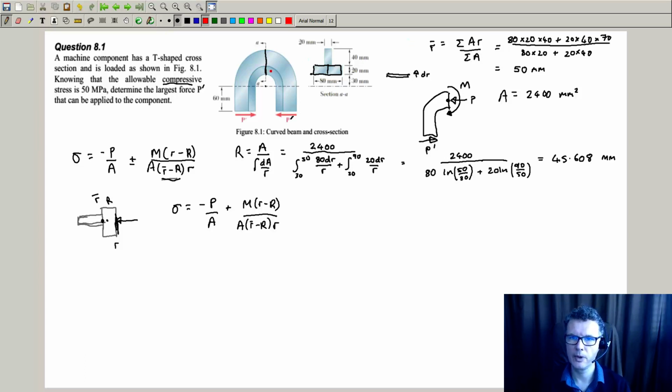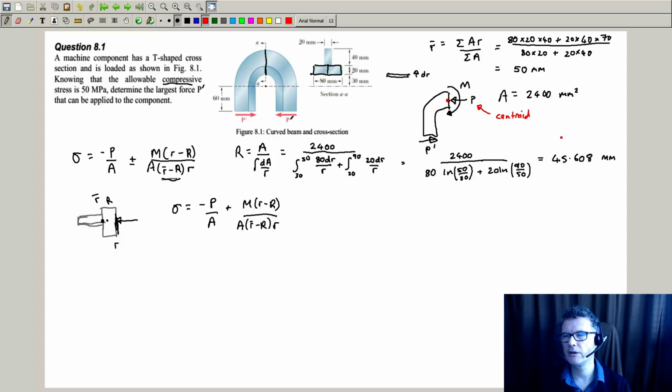Don't know. So this point here is the centroid.